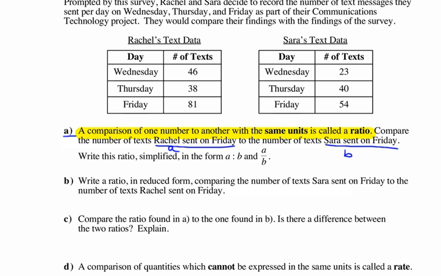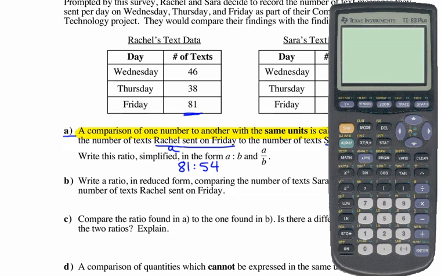So Rachel on Friday was 81, that's our A, to Sarah on Friday, 54.